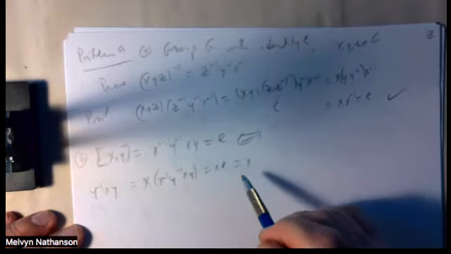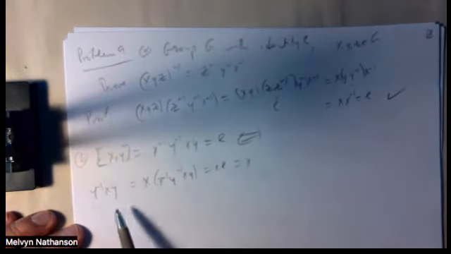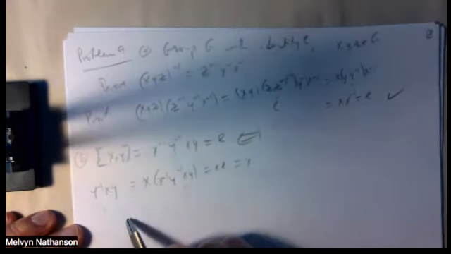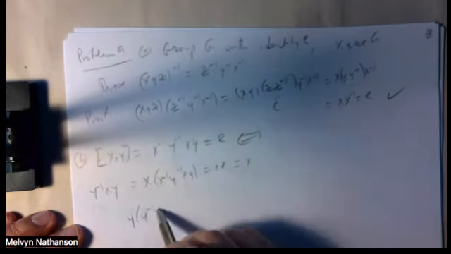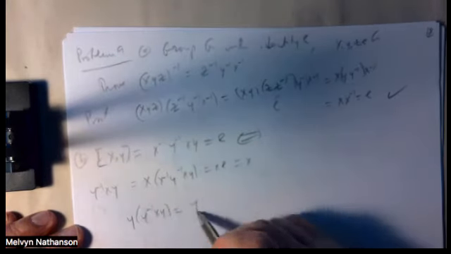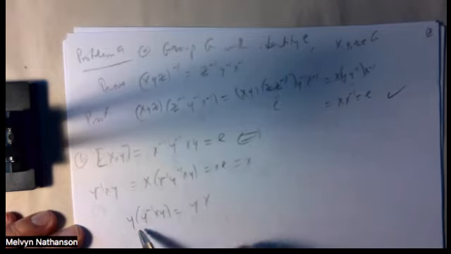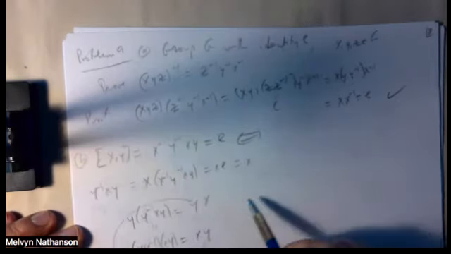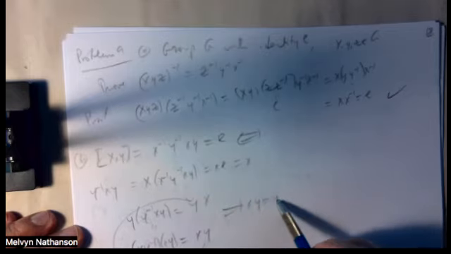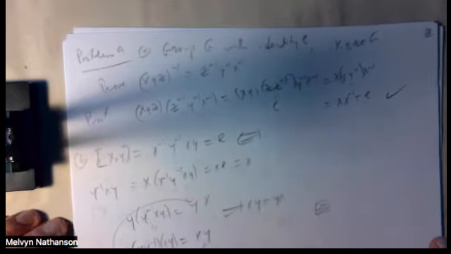So this is Y inverse XY equals X. And if I multiply both sides again on the left by Y, I get Y times Y inverse XY equals Y times X. But Y times Y inverse is the identity. So this is XY. So XY equals YX. And that's the whole proof.